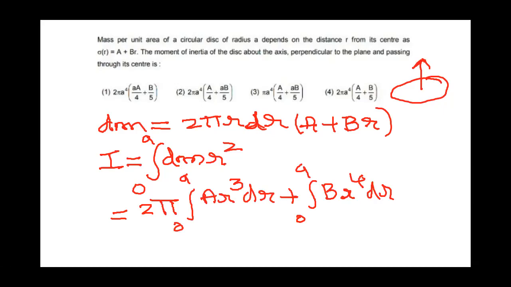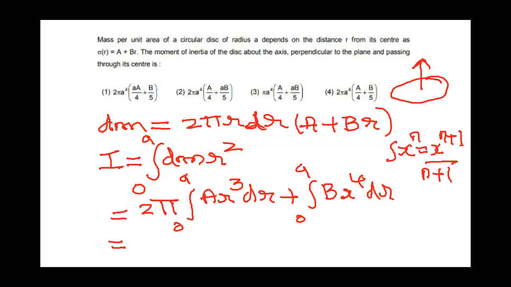Now once this is done, you can use calculus. You know that the integral of x to the power n, for students who don't know, is x to the power n plus 1 upon n plus 1. Clear? And then we get the answer.